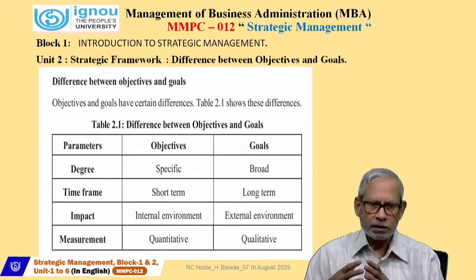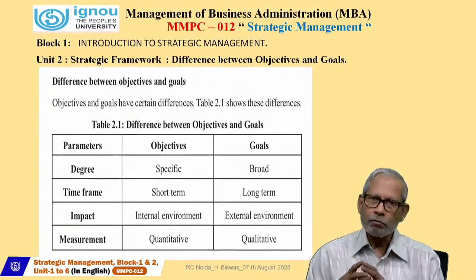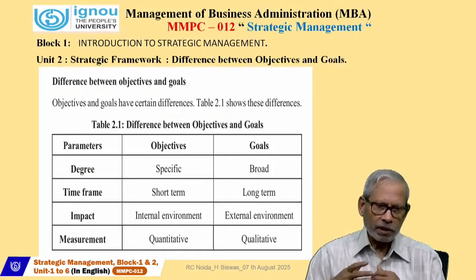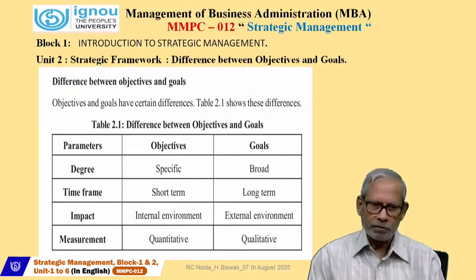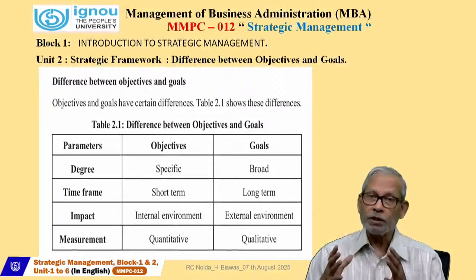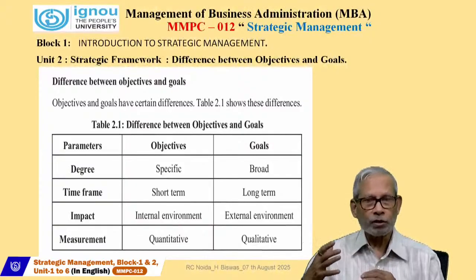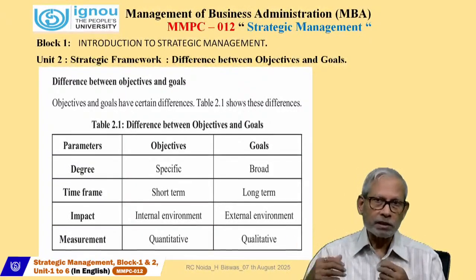So that is the external side. From a measurement point of view, specific objectives are quantitative, but in the case of goal it is qualitative. What type of quality you have in this particular company, accordingly your share market and your global market will be decided.